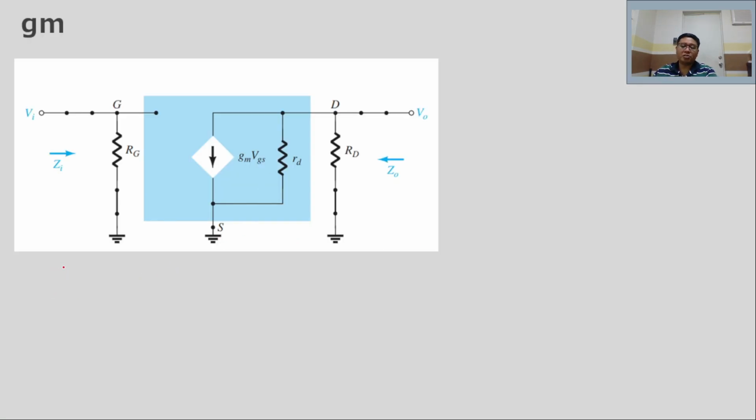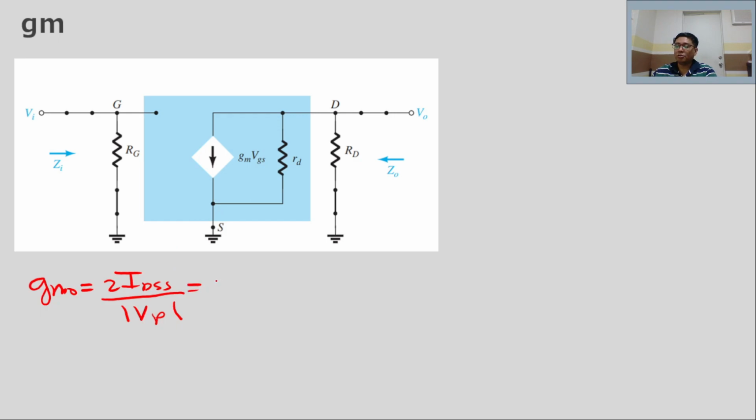Solving for the transconductance when VGS is equal to 0 volts, we have gM0 equals 2 IDSS divided by the absolute value of VP. The absolute value of VP will ensure that the transconductance is positive.